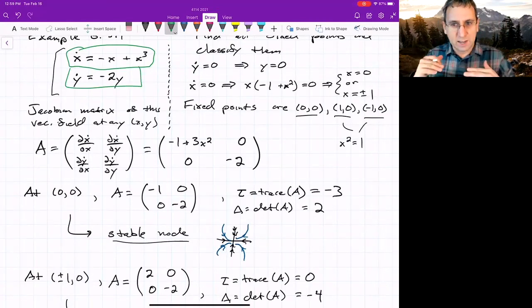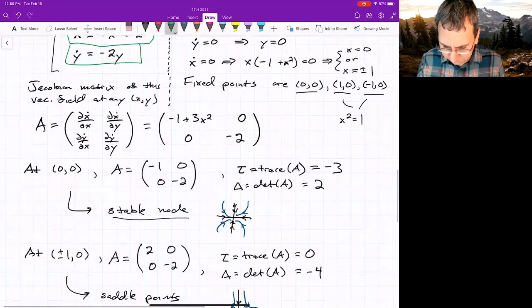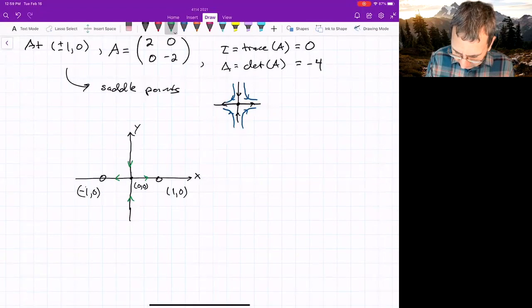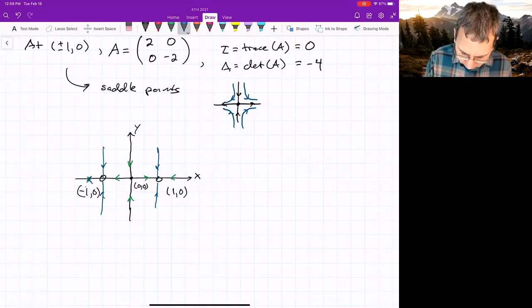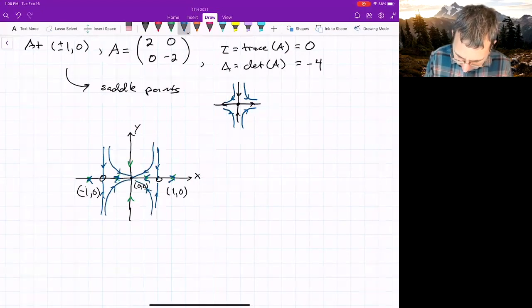So if you're on one of the axes, you stay on one of those axes. That's one of the implications. And on the x-axis, things are doing this. And we could plot other significant lines. Actually, the arrows are going the wrong way here. So things are coming in to go to this stable node, and things are moving away from the saddles.